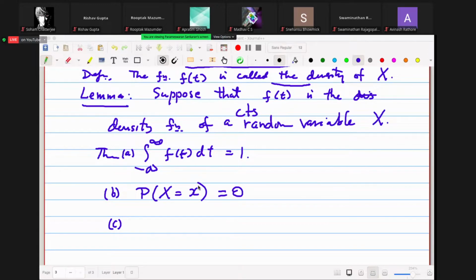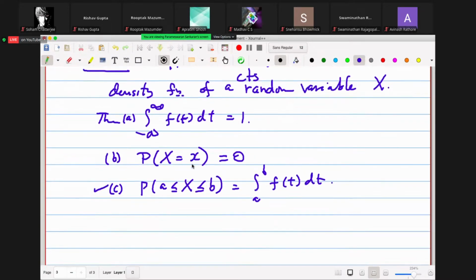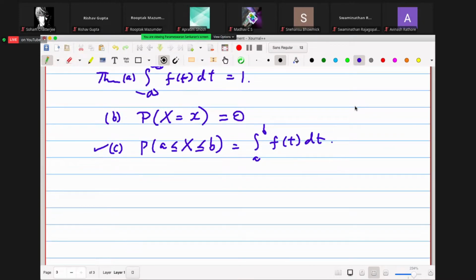The probability of a less than or equal to X less than or equal to b is equal to the integral from a to b of f of t dt. This is something I have already discussed. We know this already, because this is the probability of the whole space. And what about this one?